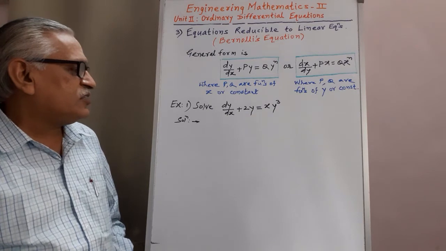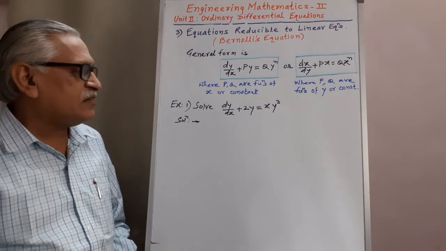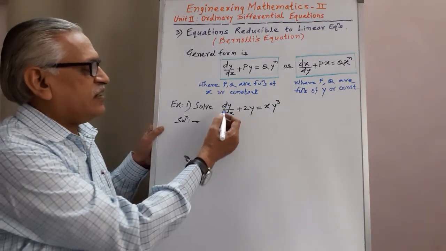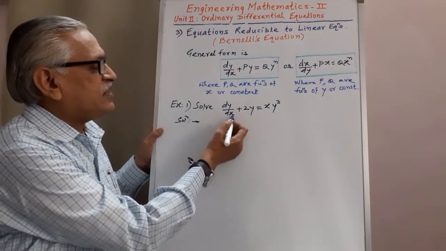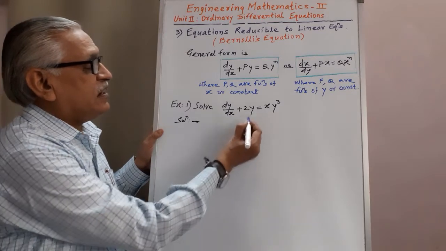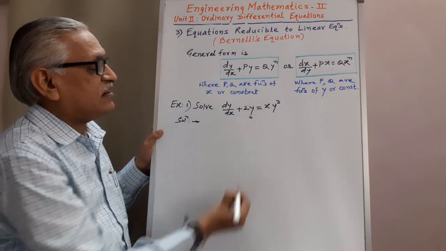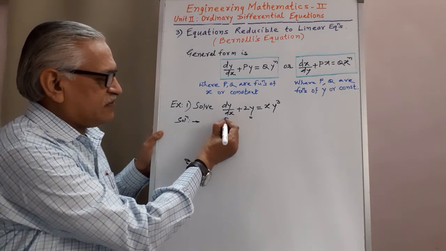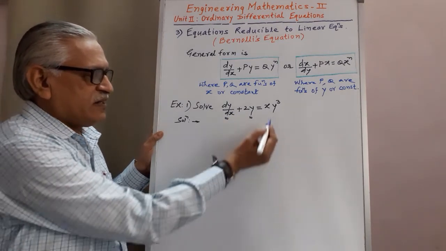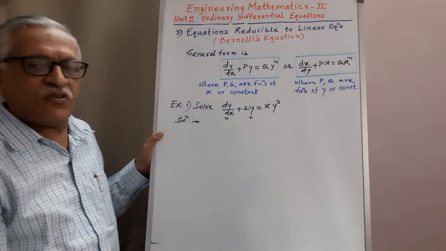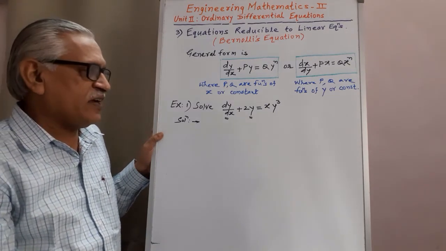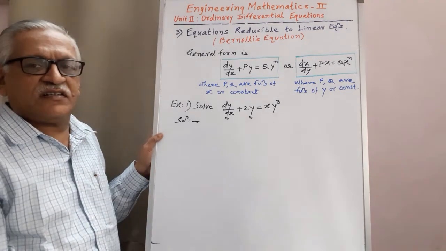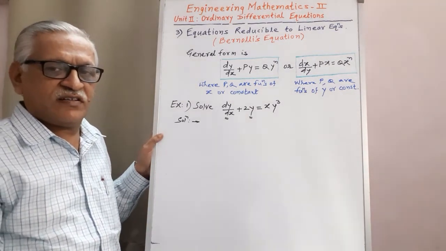Example number 1, solve dy by dx plus 2y is equal to x into y cube. Here y is a dependent variable, x is independent. Degree of y is 1, degree of its differential coefficient is 1, but the degree of the term on the right hand side for y is 3, and due to this y cube, that equation is not a linear one.